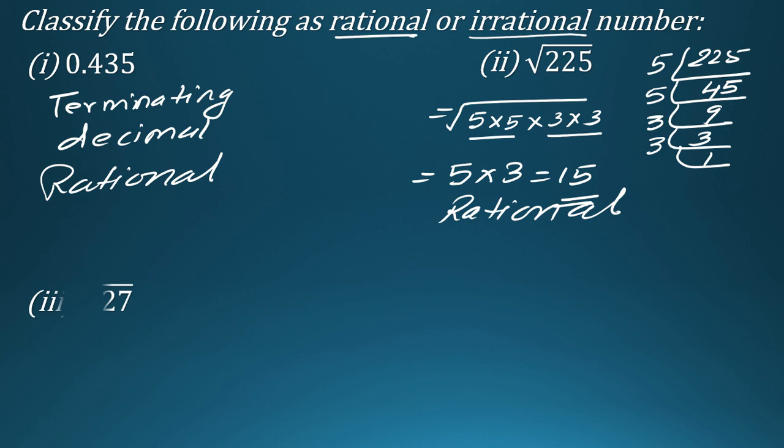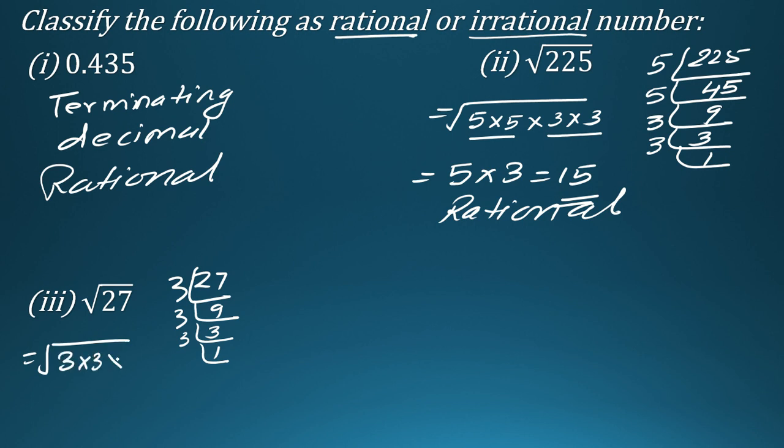Now another can be square root of 27. So same procedure. 27 will be divided by 3. So here 3 times 9, then 3, 3 times 3, then 3 again, so 1. So square root of 27 can be written as 3 multiply 3 multiply 3. So it is a square root, which means we will make pairs of 2.